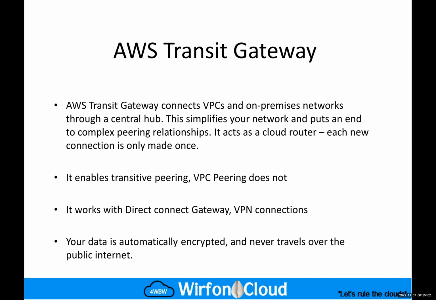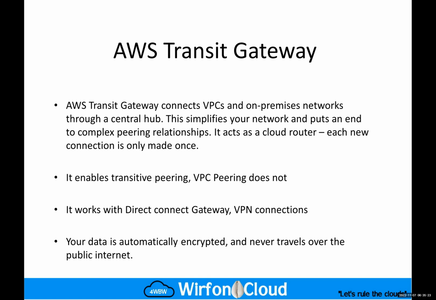And by default, this is transitive peering, so every VPC that is connected to this central hub or gateway is indirectly connected with each other.